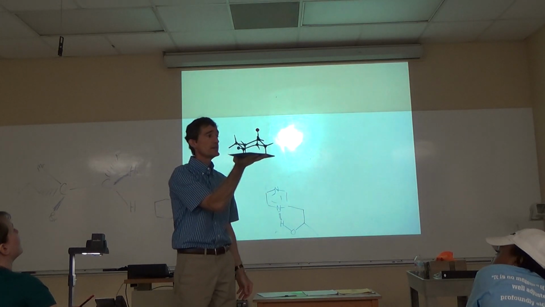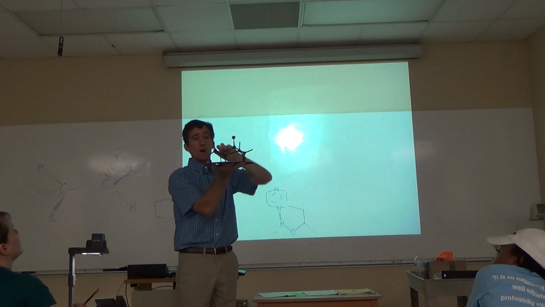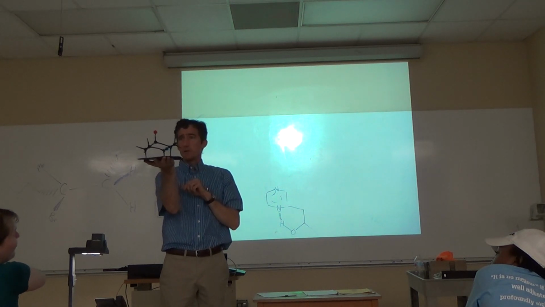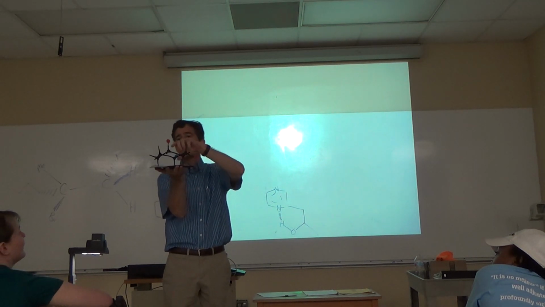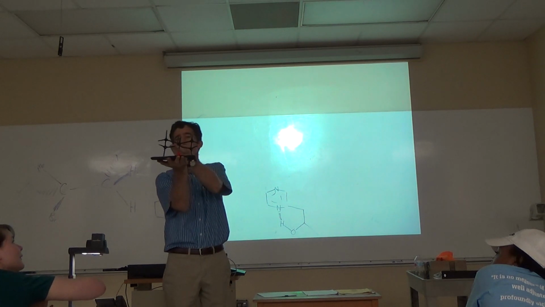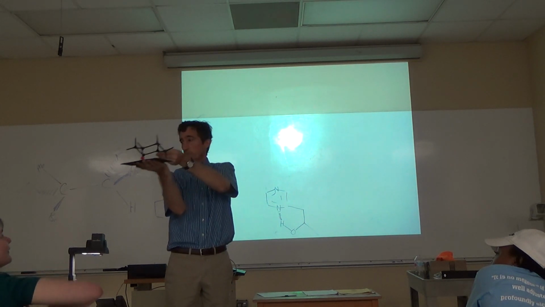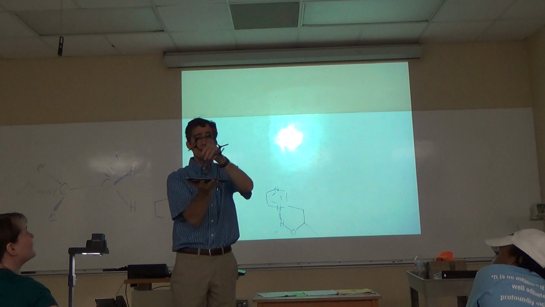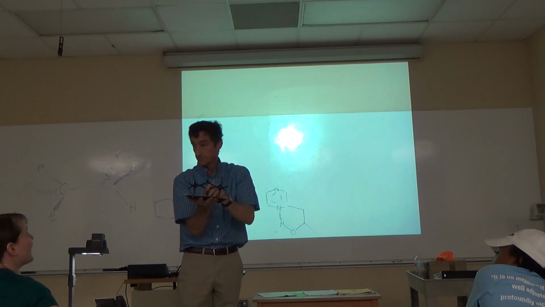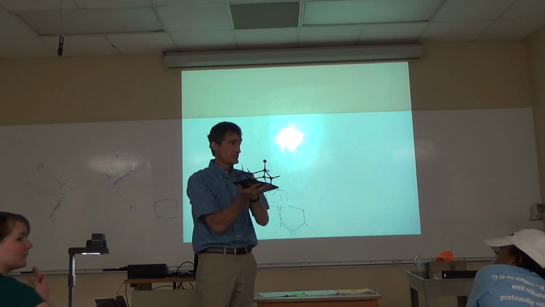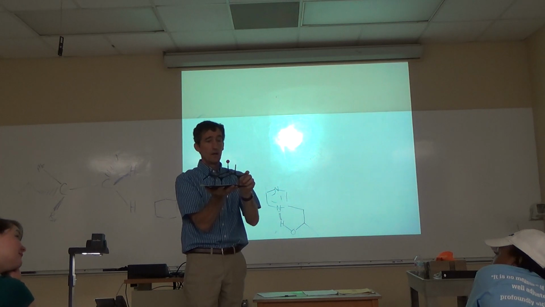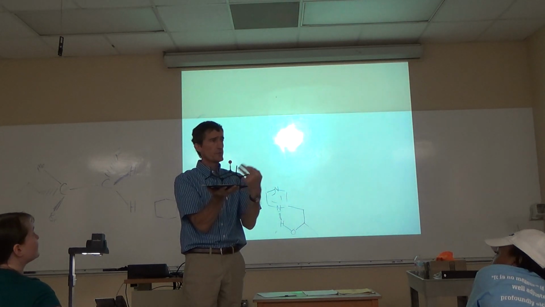See, only 3 are straight down in the chair conformation. What about straight up? How many are straight up? It's actually 3, because if I turn it over, how many hit the floor? 3 are now hitting the floor. The ones that are straight up or straight down are called axial. 3 up, 3 down.